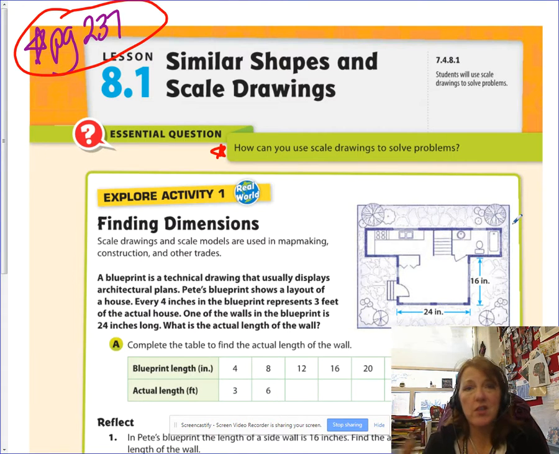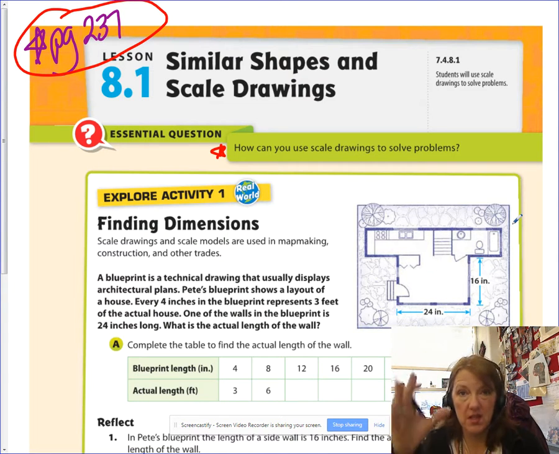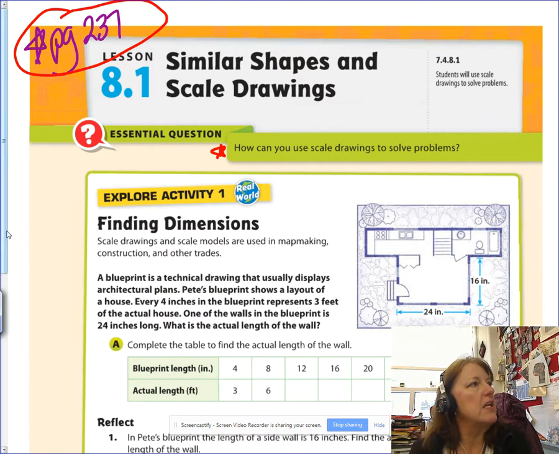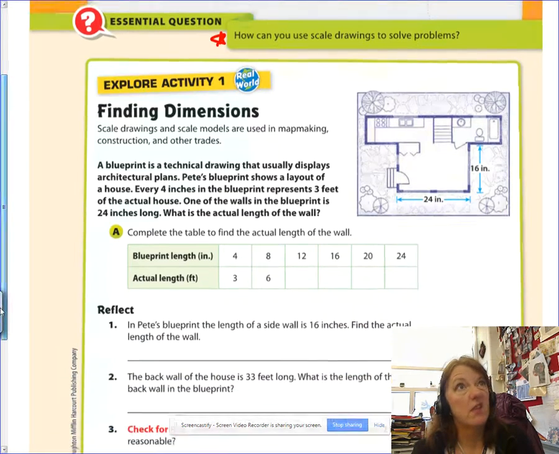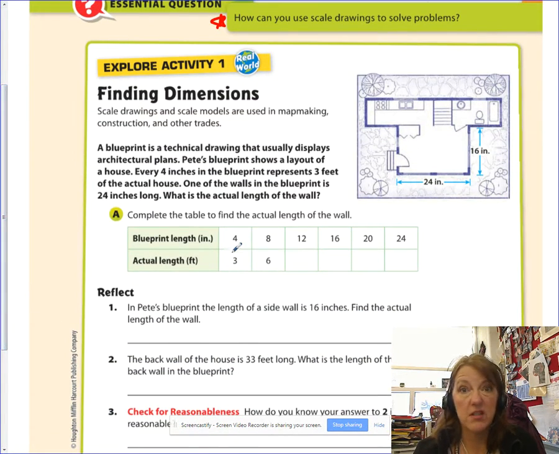If you go into architecture or landscaping or even just designing toys, doll houses, G.I. Joe, little race cars and that kind of stuff, we're using scale and scale models all the time. They're everywhere we look, okay?